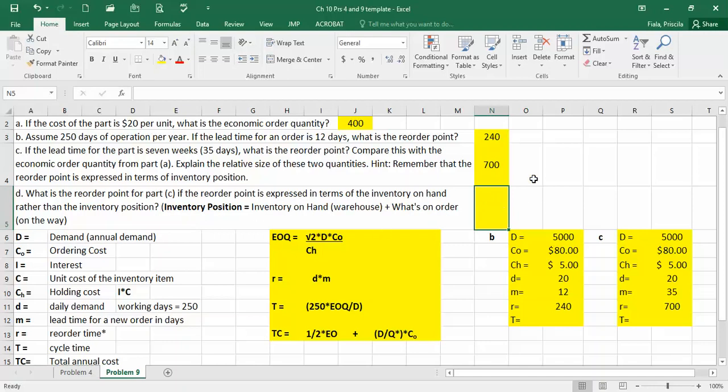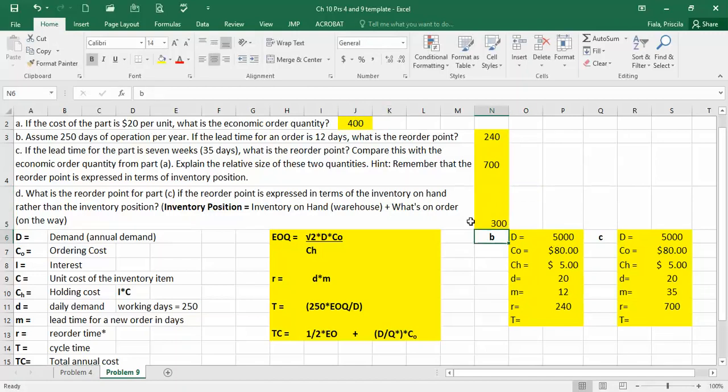Well, you know that the inventory position right here is 700. It's going to be 700, and then you do minus what is on order, what is on the way.